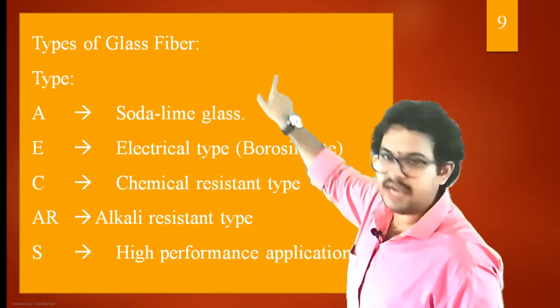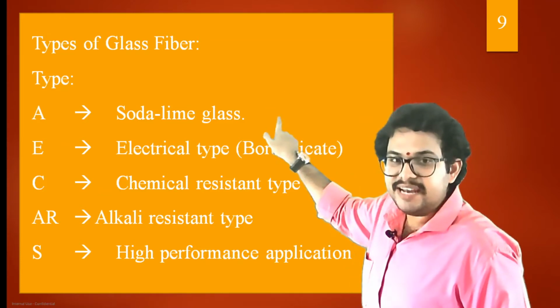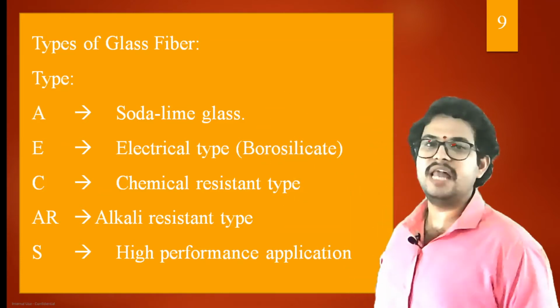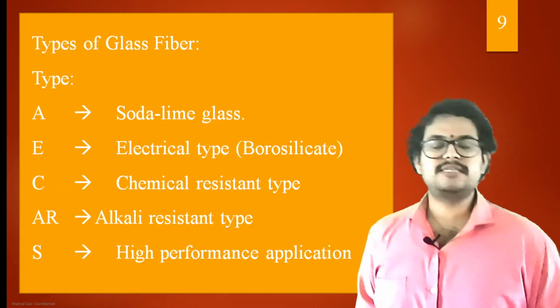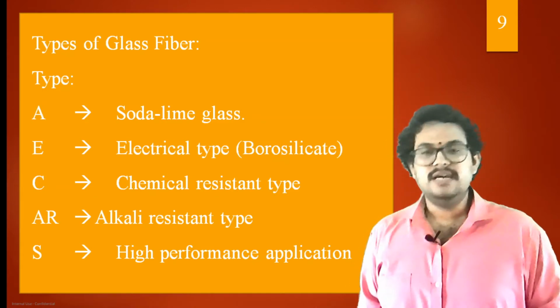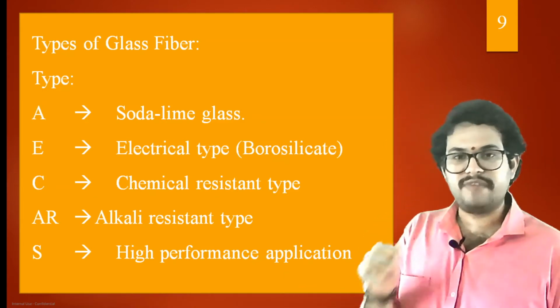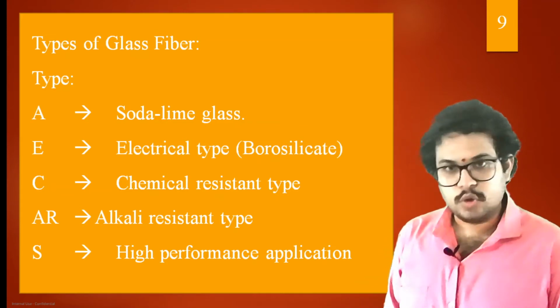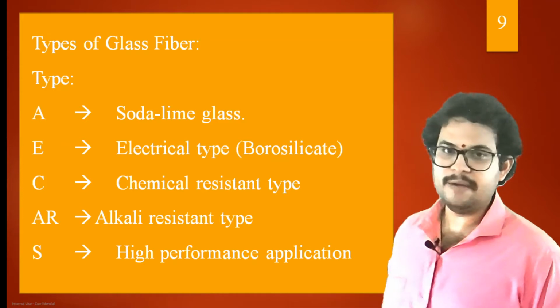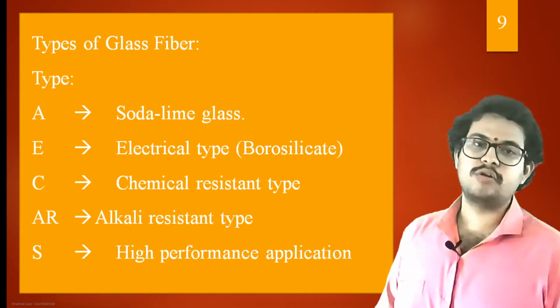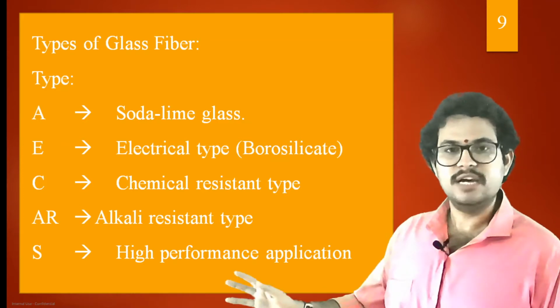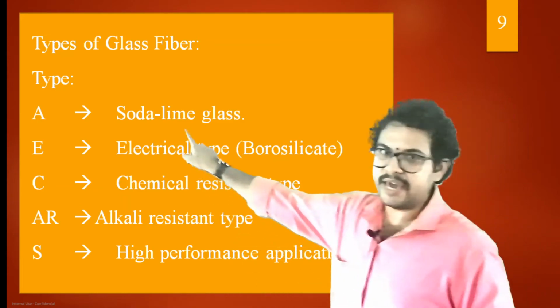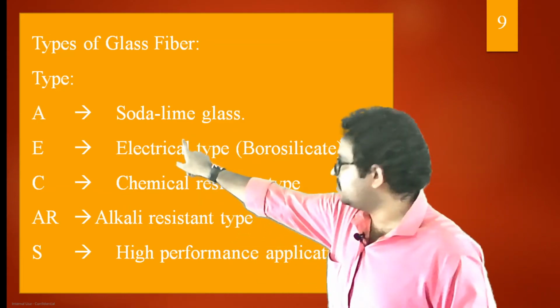The first being A. We are designating this glass fiber with the capital letter A, and this capital A indicates that the particular glass fiber we are talking about is soda lime glass. So, soda lime glass is designated capital A. Electrical type, borosilicate, we are also calling it borosilicate, and it is designated capital E here.